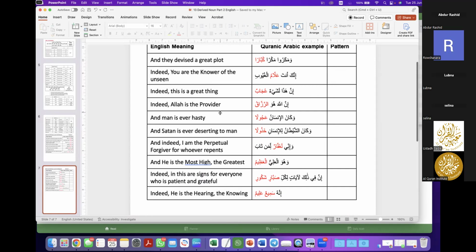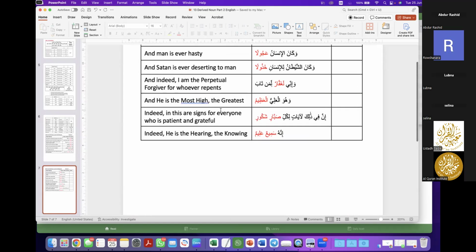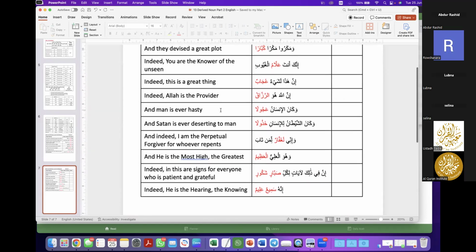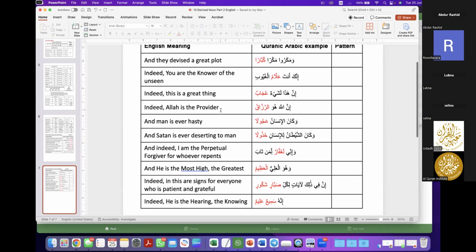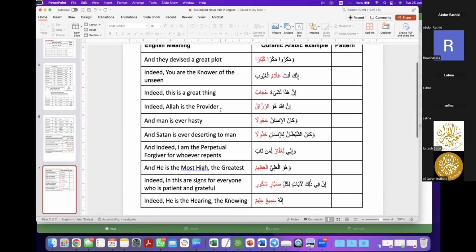So the first one we have is wa makaru makran kubbaran. Wa makaru makran kubbaran. Sorry, let me zoom, makran. And they devised a great plot.